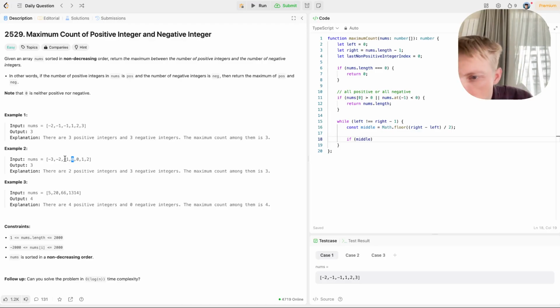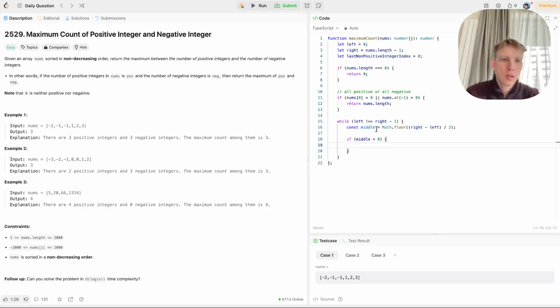Okay, let's imagine that this number is minus 1. If this number is less than 0, for example minus 1, then we should move left to this index.